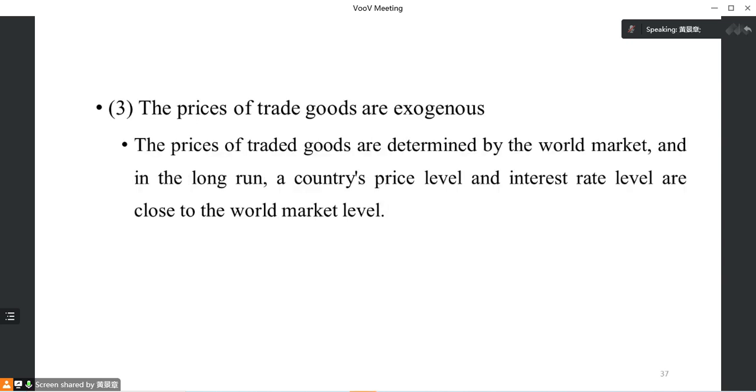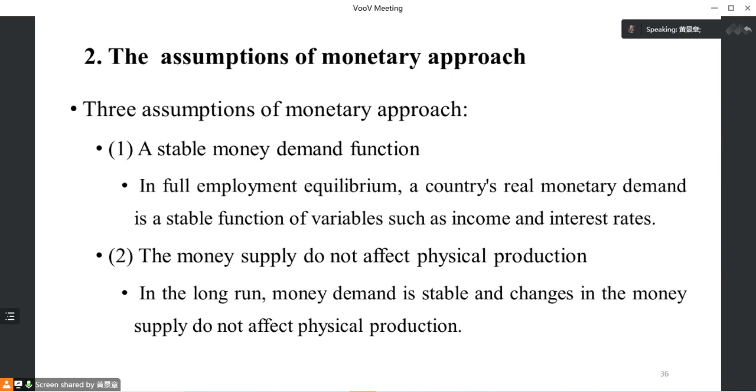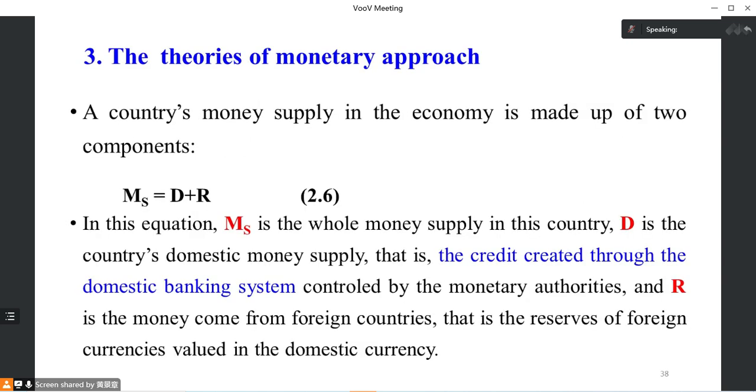If we want to use this method, we must understand the assumptions of the monetary approach, and we should understand the contents of the monetary approach.